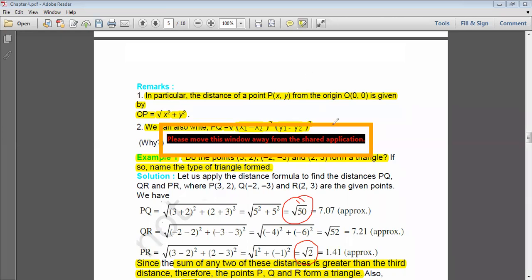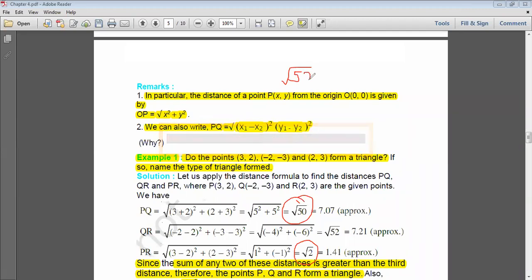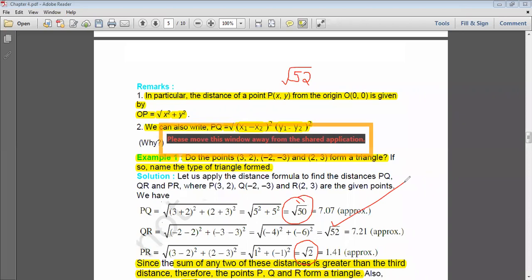Root 50 squared plus root 2 squared. Which means, what is the answer? 50 plus 2, 52. That is QR squared, 52. So that's how you can say easily that these points form a right triangle.